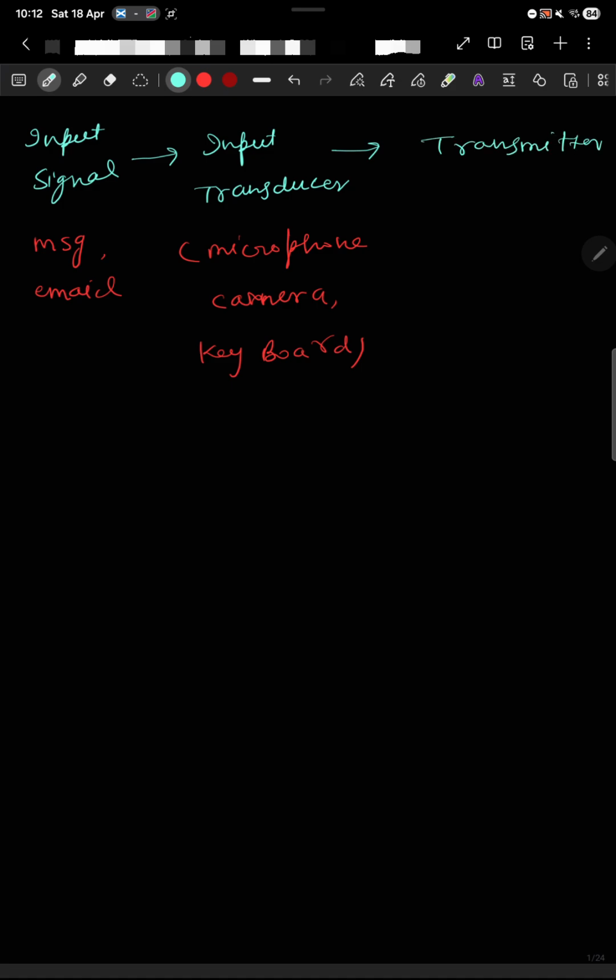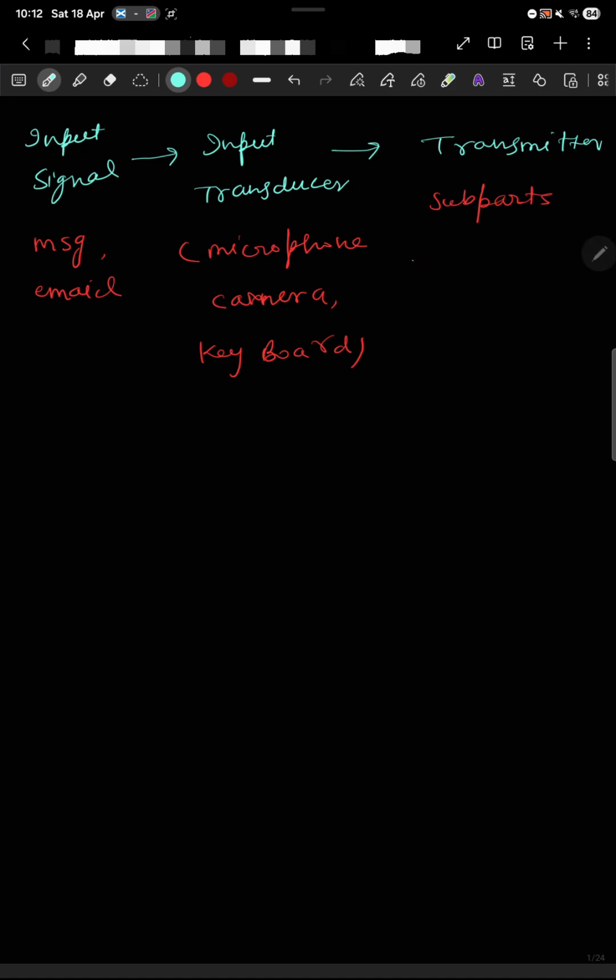When it goes to transmitter, there are many subparts of transmitter. Transmitter is not an alone component of this process. It has many subparts.